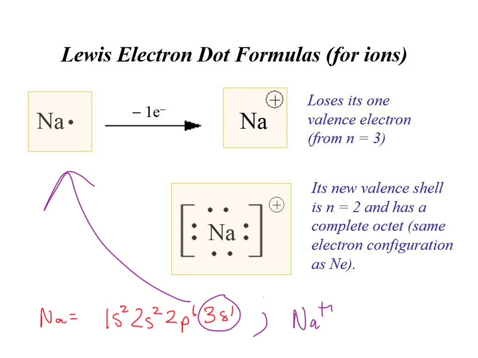Na plus 1, that's a cation. We have 1s2, 2s2, 2p6. If I were to ask you what's the highest N, now you would say N is equal to 2. These 8 electrons are these 8 electrons. That's totally it.